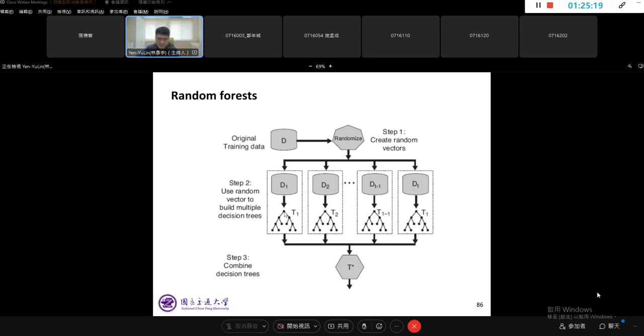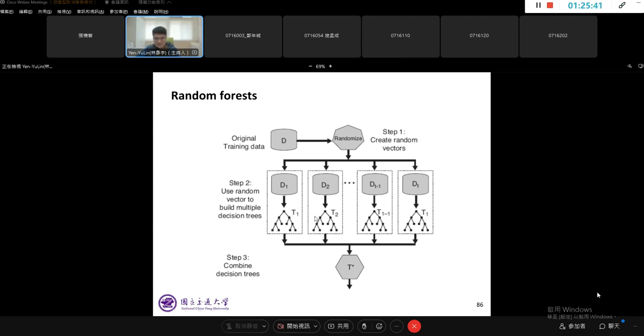So the behavior of decision nodes are different from each other. By using the second source of randomness, we increase the diversity of decision nodes inside this decision tree.